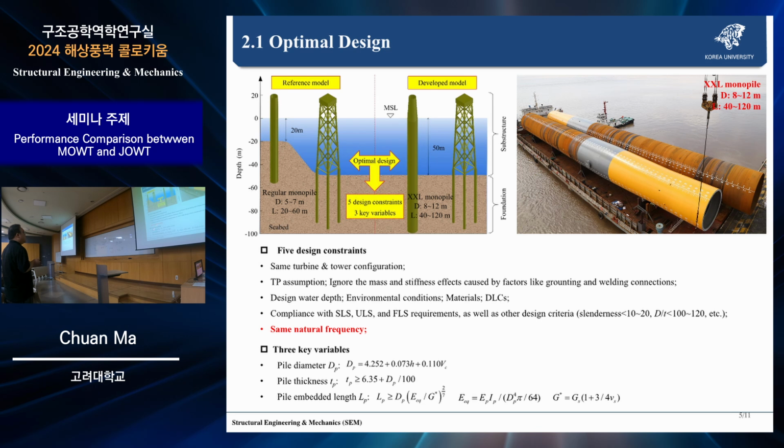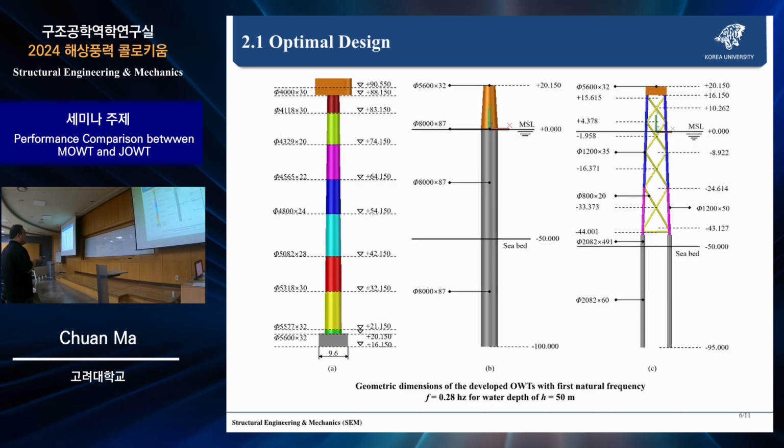And for the 3 key variables, we choose the pile diameter, pile thickness, and pile embedded length. Those are the related equations. For the optimization process, I will not introduce it further.